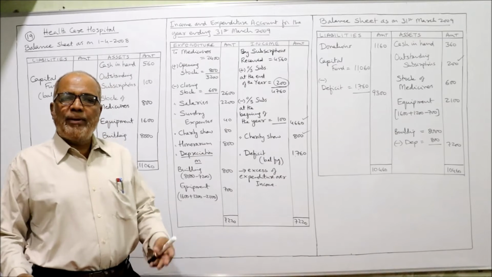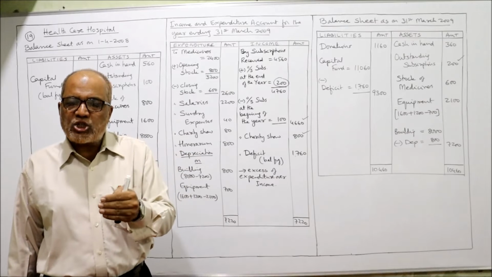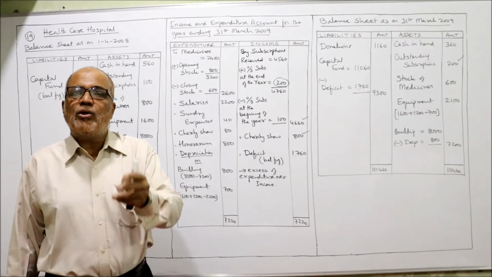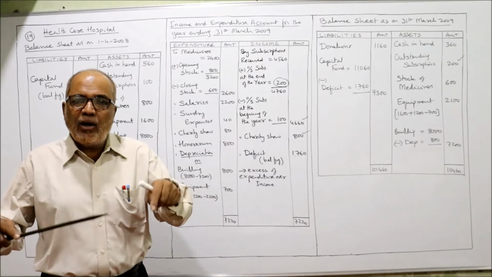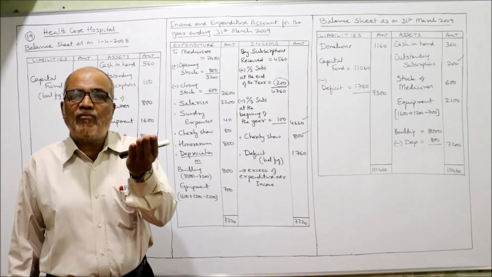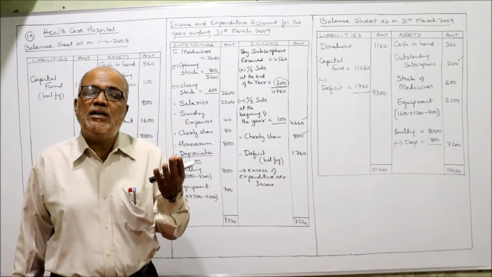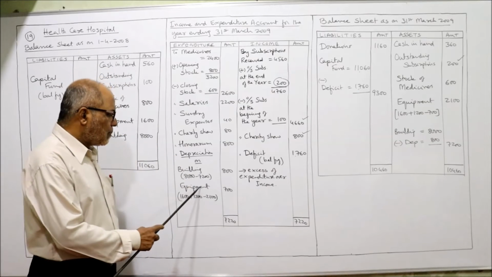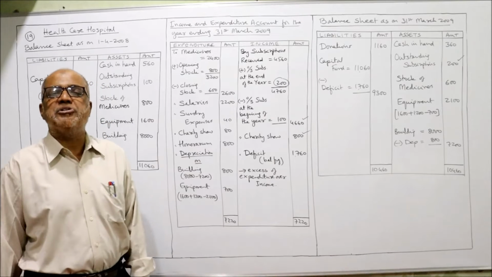Similarly, equipment. Beginning of the year equipment 1,600 and during the year equipment purchased 1,200. So 1,600 plus 1,200, 2,800. But end of the year equipment is given 2,100 in the problem. Then what happened to the 700 rupees? That is a depreciation. So equipment 1,600 plus 1,200 minus 2,100, 700 rupees is a depreciation.